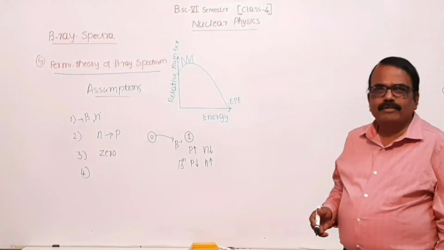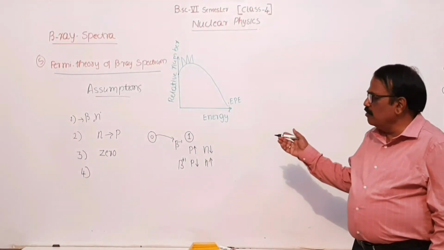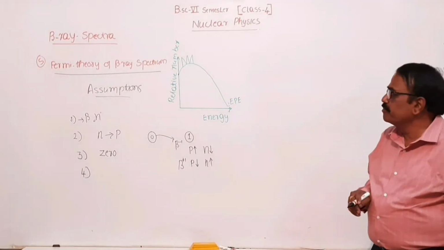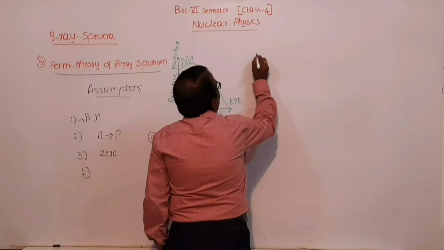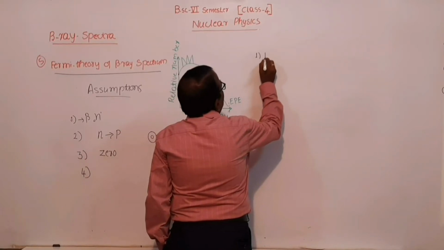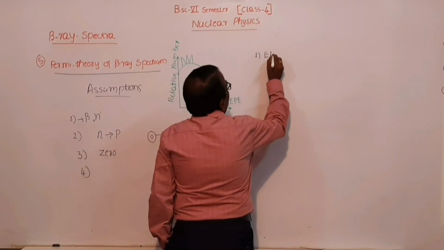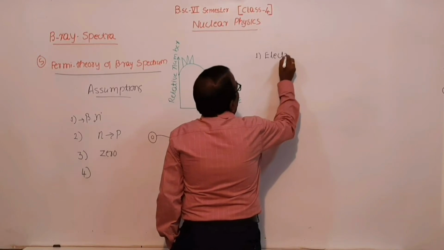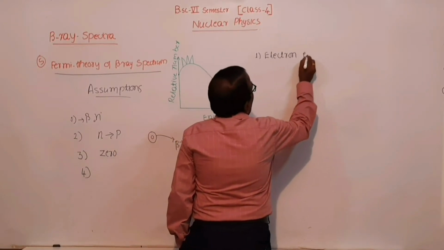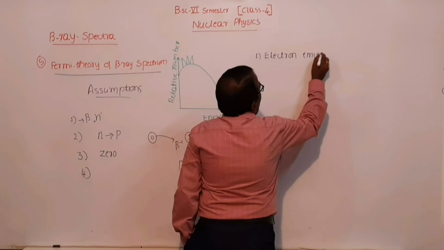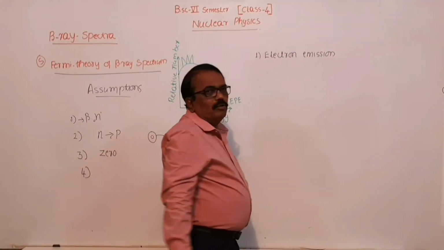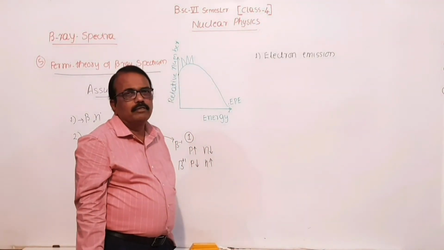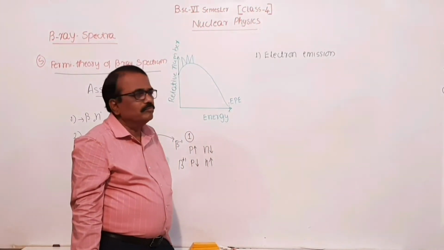Now let us study how the emission of these particles takes place. So first one is electron emission. Electron emission is also known as beta decay.